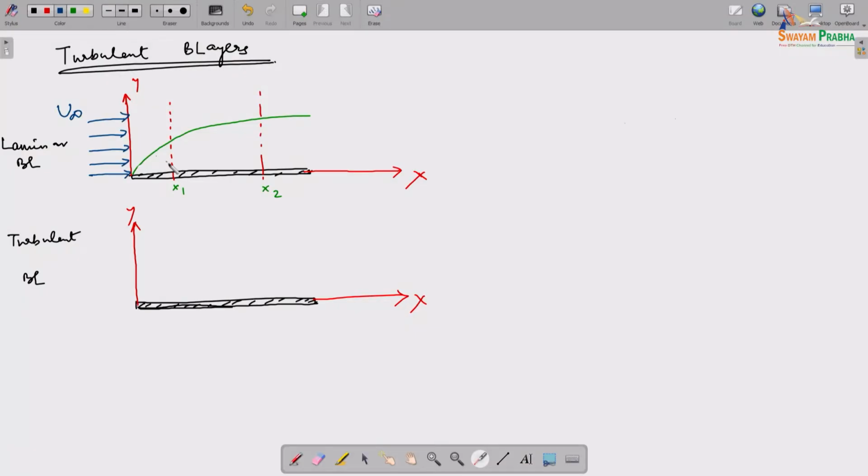The next one, so this is almost like the fluid is moving in layers, one layer over the other, but each layer is moving with different velocities, which is not the case if you see the free stream. The free stream all has the same velocity, but this is a concept now.